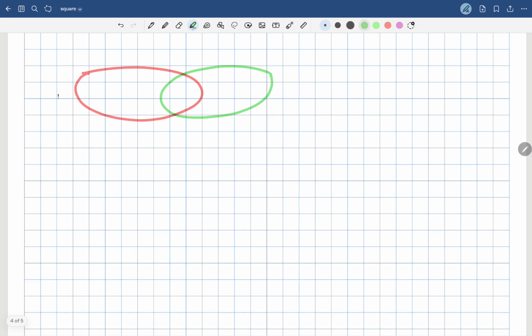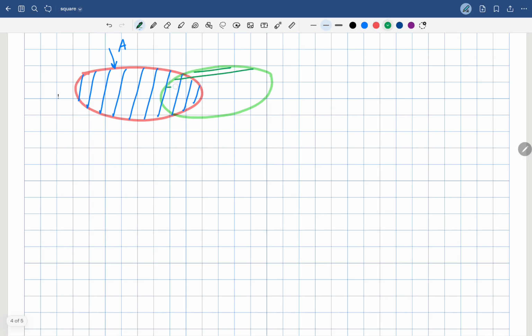Okay, now let's think about this. I'm going to shade A. So this is A. Then I'm going to shade B, which is this guy, like this.